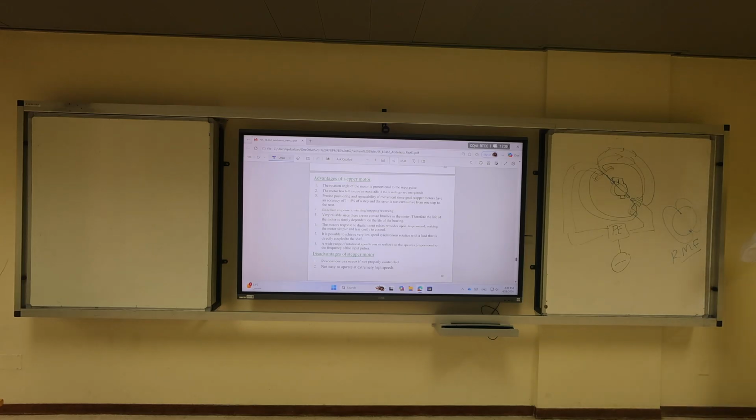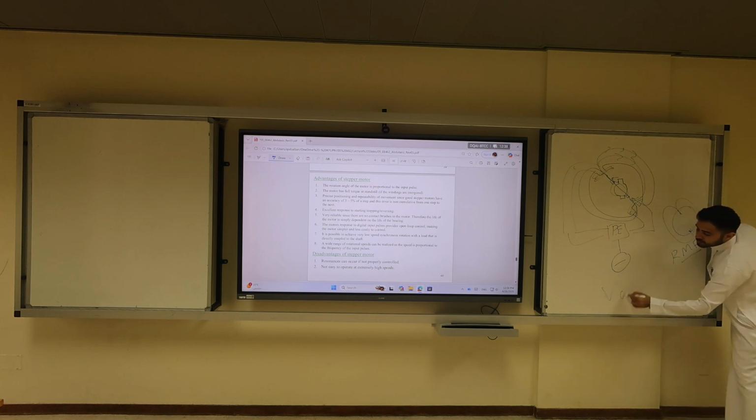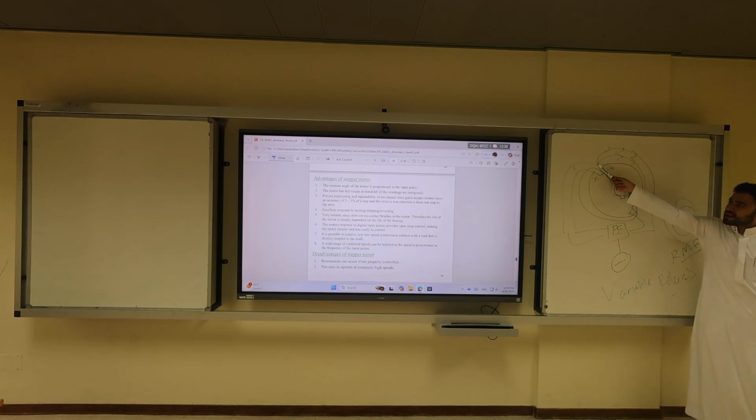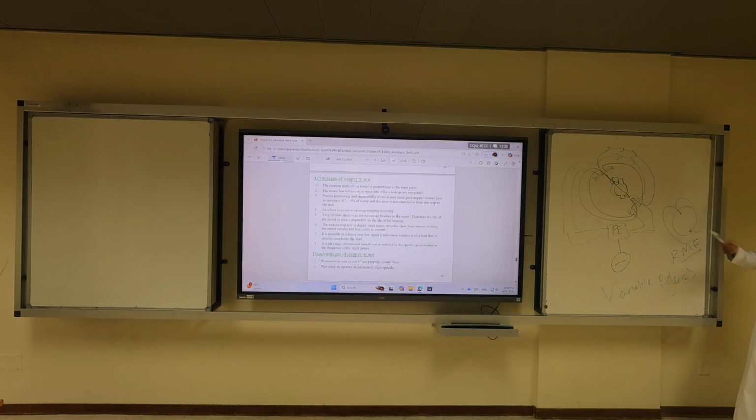And that's it. For a two-pole structure, that's the best you can do. This is what we call variable reluctance. It means I'm changing the reluctance of my flux path to align the motor in the structure.